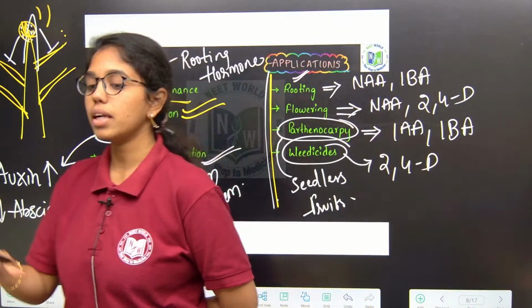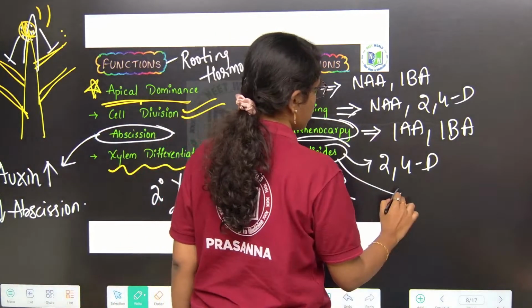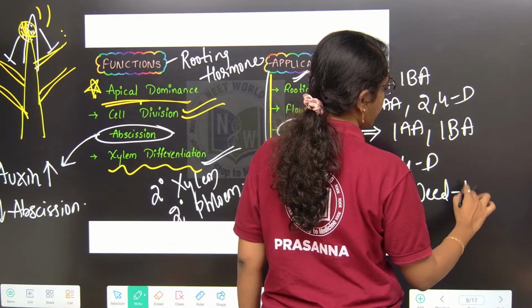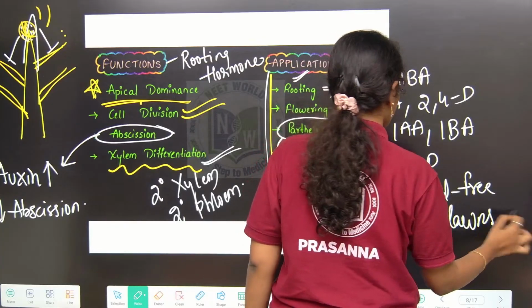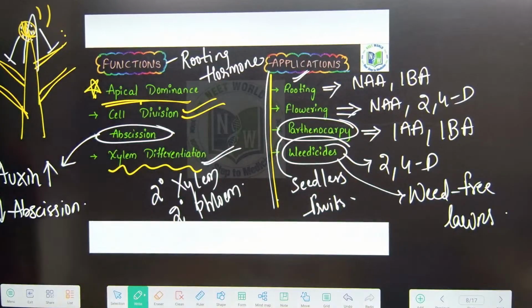Any dicotyledonous weeds will be killed. Weed free lawns will be produced. These are the functions and applications of auxins.